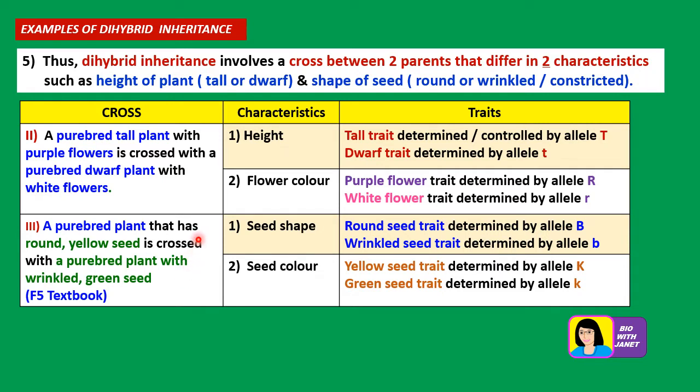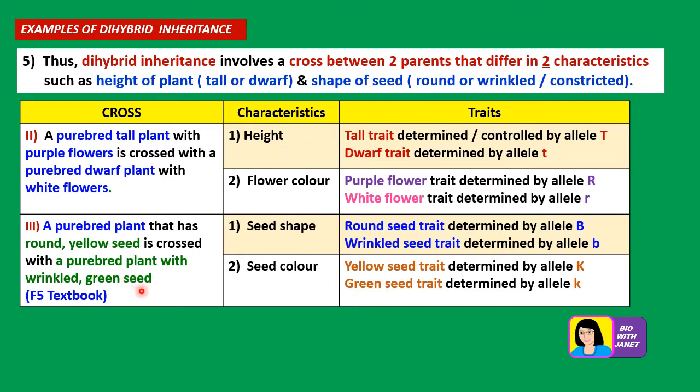Now the textbook has this example which is discussed in the textbook. A purebred plant that has round yellow seed is crossed with a purebred plant with wrinkled green seed. If you read this type of description in a question, you have to identify whether it's monohybrid or dihybrid inheritance. The round and wrinkled seed traits concern the seed shape, so that's one characteristic.